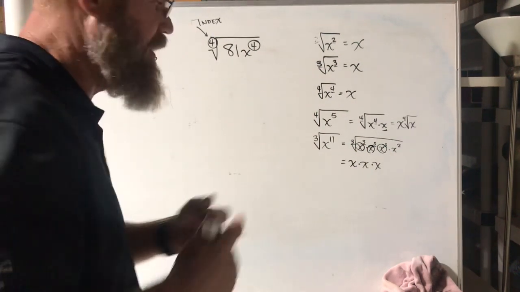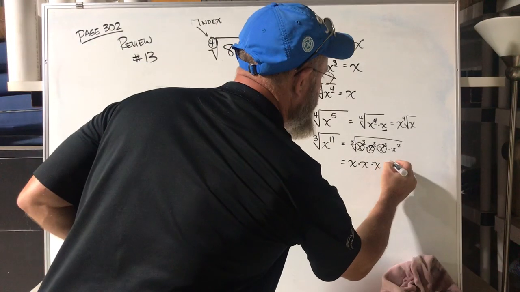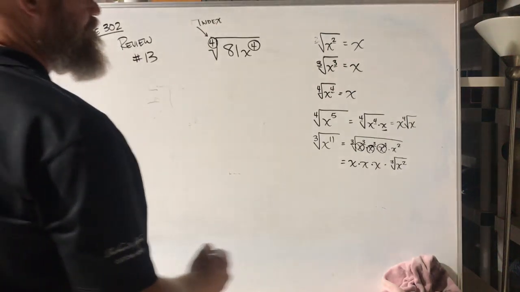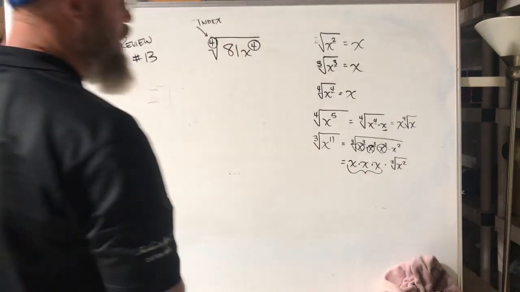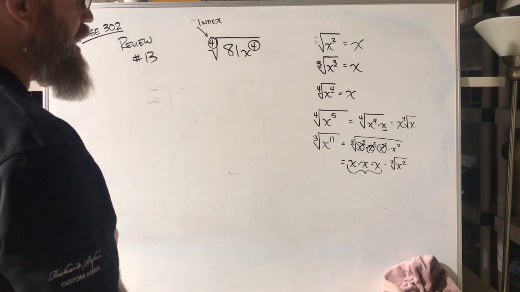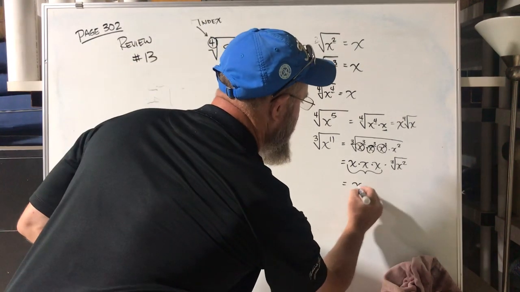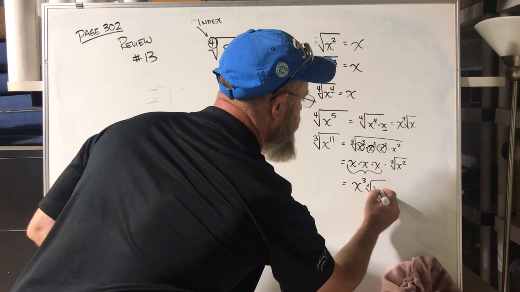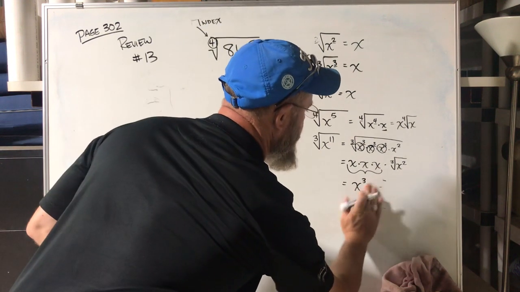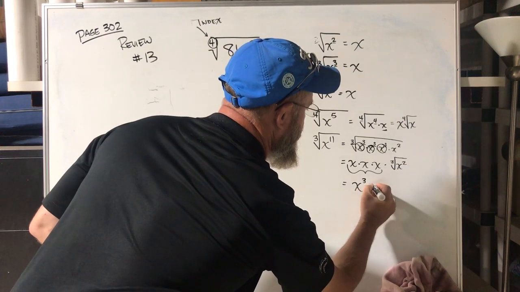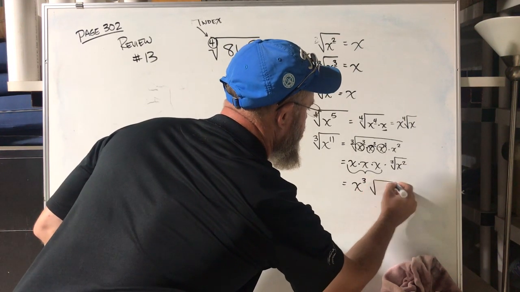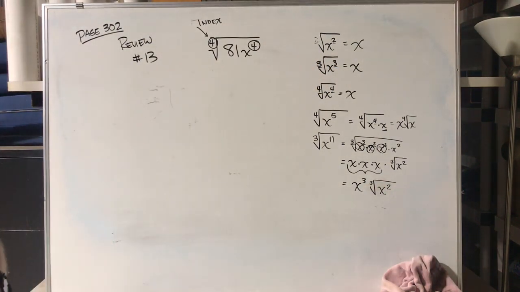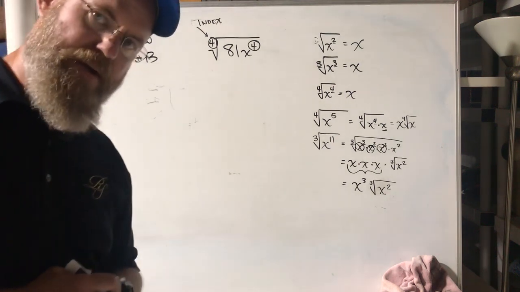So you have to leave it in there. So then I would have times the cubed root of x squared, right? And then this right here is what? X times x times x equals x cubed times the cubed root of x squared. Actually, let me write that better. X cubed times the cubed root of x squared.